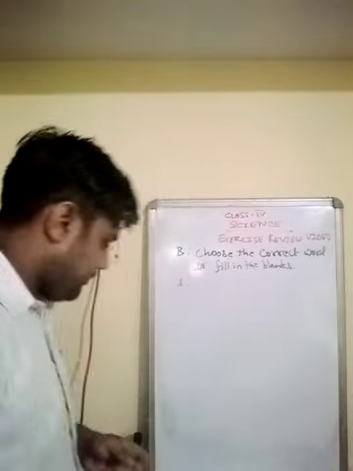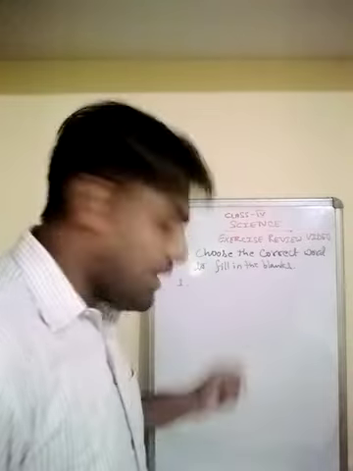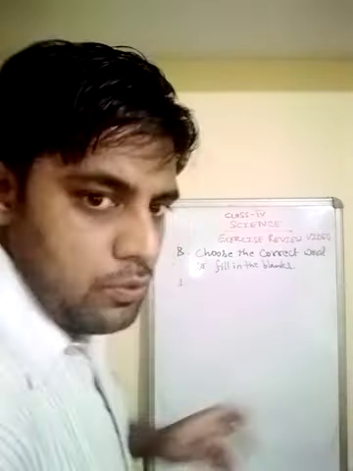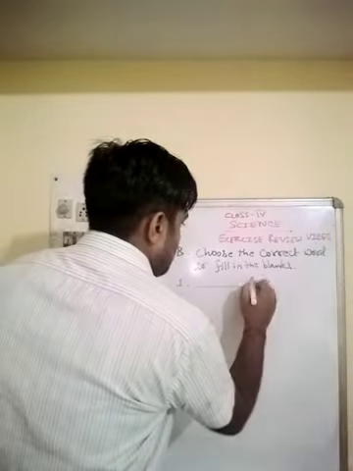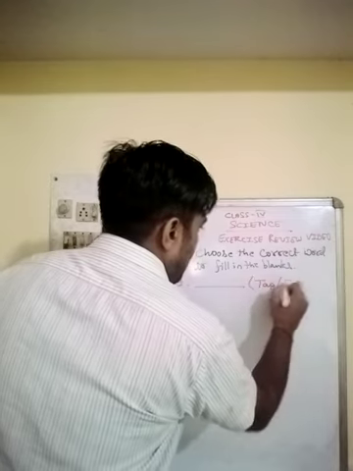Number 1. Dash roots have a thick main root. To fill this blank, you have two options: tap and fibrous.